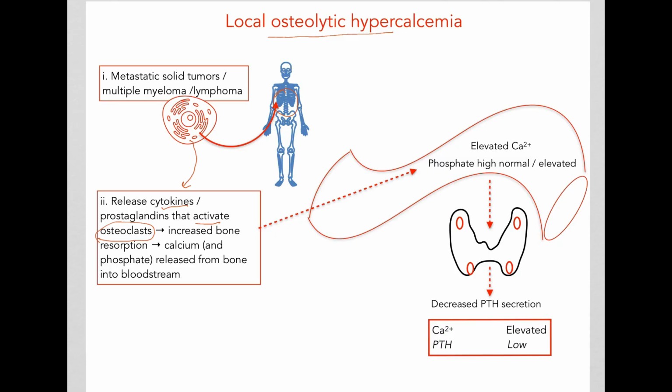Remember, osteoclasts are the cells that break down bone, so this increased osteoclast activity is going to cause increased bone resorption. The bone gets demineralized, and the calcium and phosphate from the bone will come out into the bloodstream. This will lead to an elevated calcium, which will then go to the parathyroid gland and decrease PTH secretion. So in this case, we see elevated calcium but low PTH.